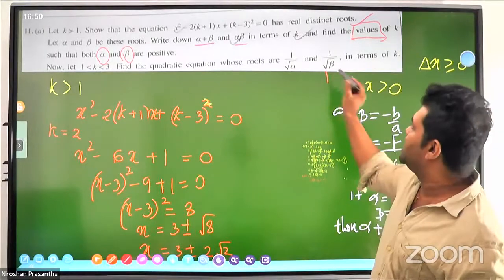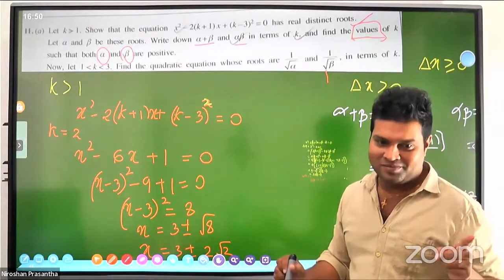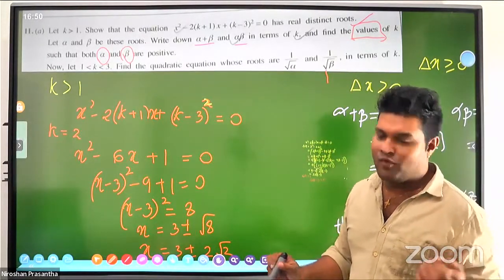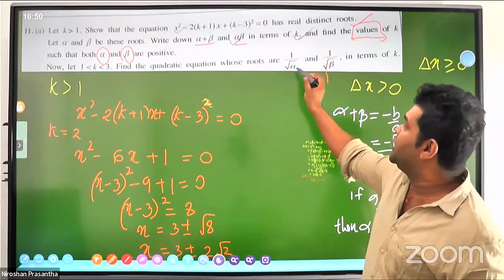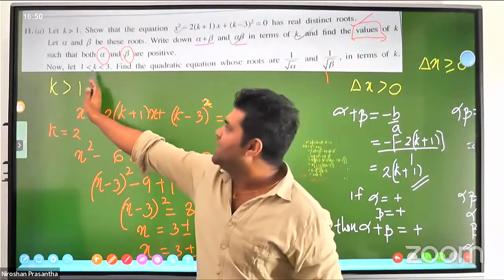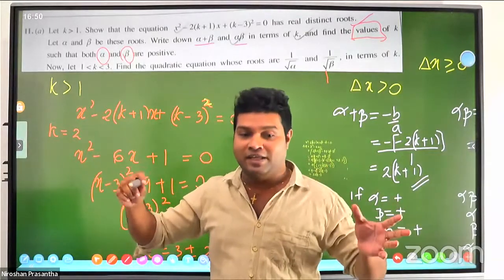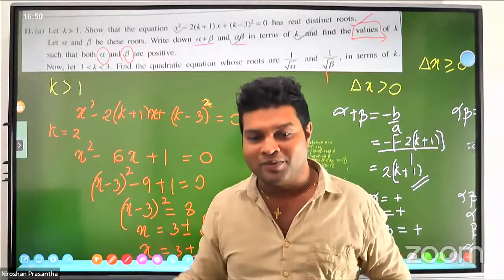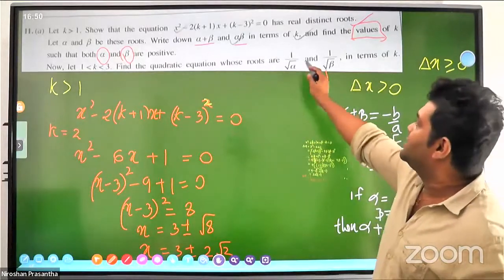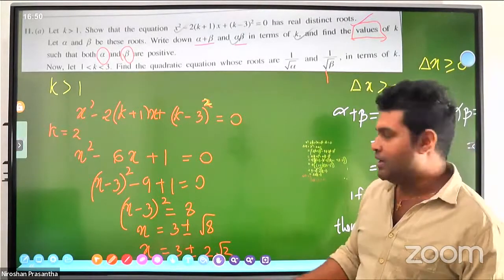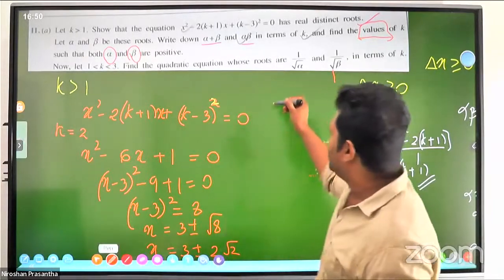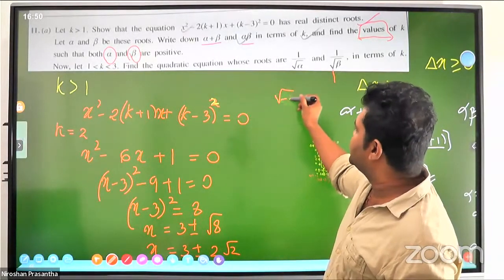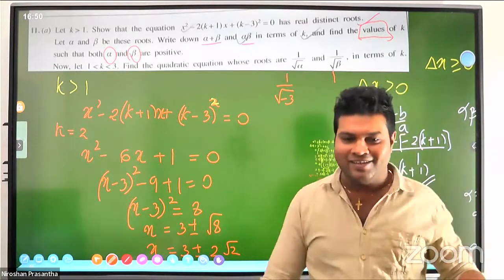Alpha is positive, beta is positive, that is what is given. Therefore this exists. But if alpha is a negative value, if k lies outside 1 to 3, more than 3, then this sometimes can be negative. Can I write down a negative value? No need to consider it for your answer sheet. I am just explaining.